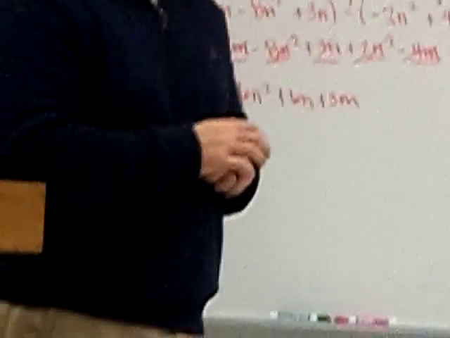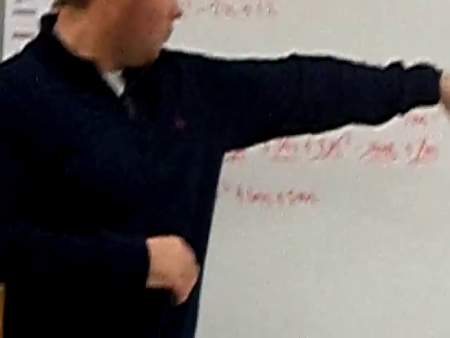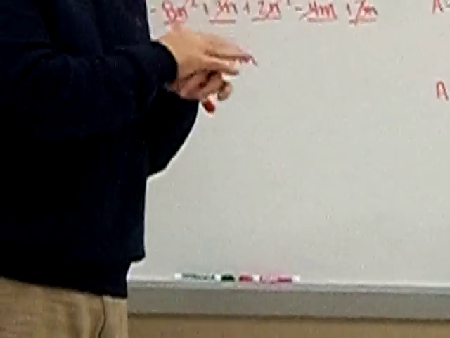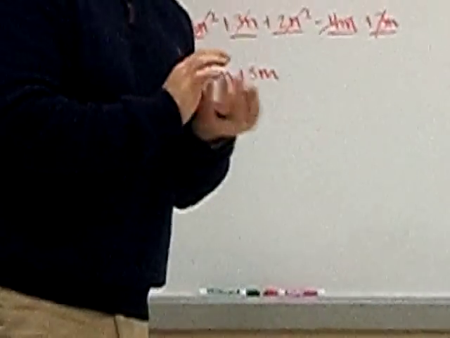We've got 2 of them. 3x and 3x becomes what? 6x and then minus 10. Is that one of the answers you have to choose from? Answer is B. Okay? That's how we solve that problem.